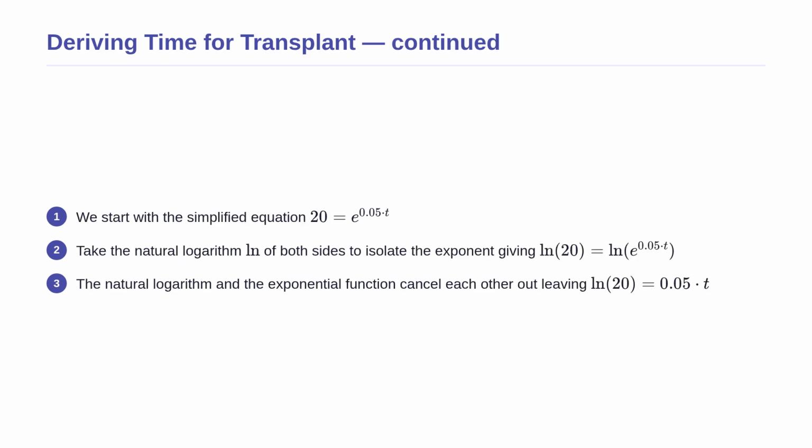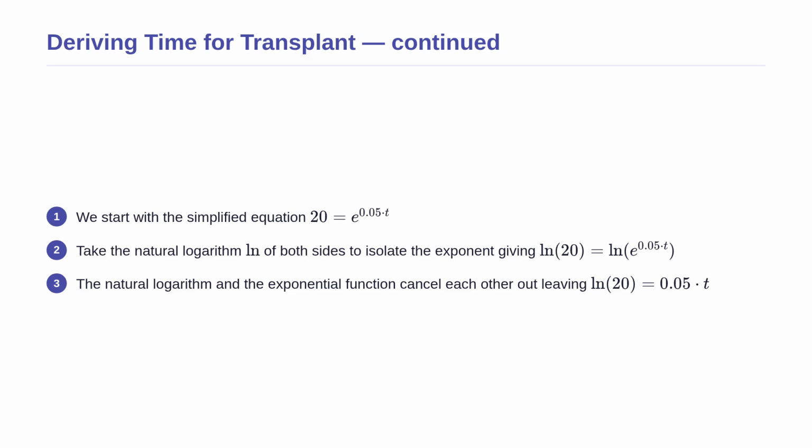Continuing our derivation, we are left with the equation 20 equals e to the power of 0.05 times t. To bring the variable t down from the exponent, we must use a mathematical tool called the natural logarithm. By taking the natural logarithm of both sides, we can unlock that exponent.